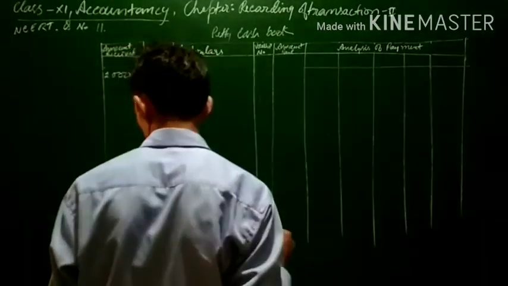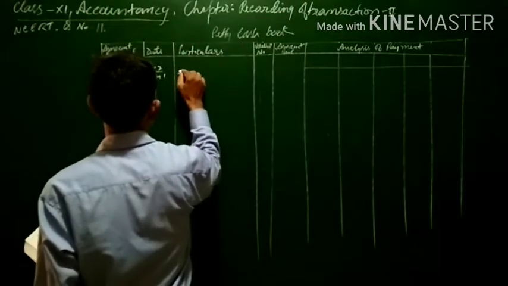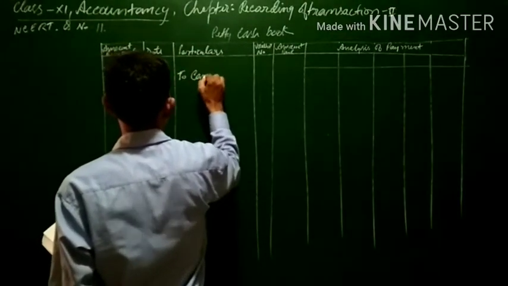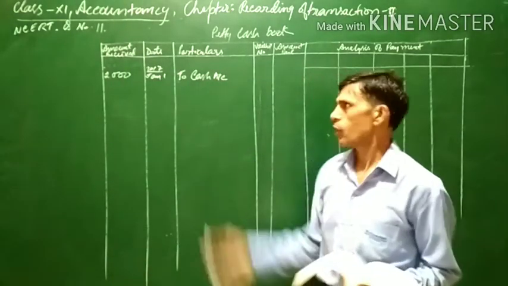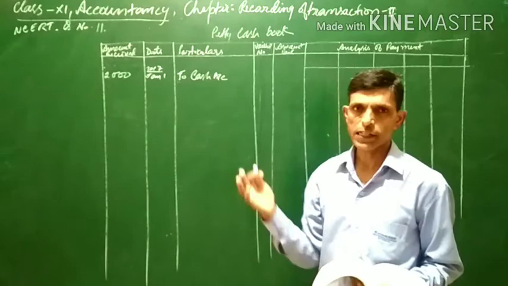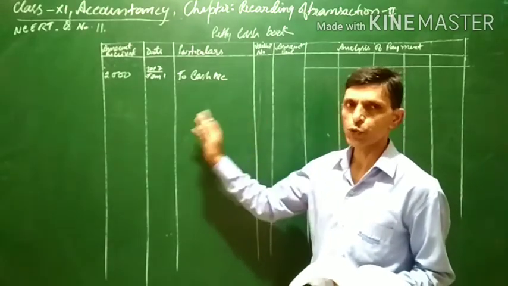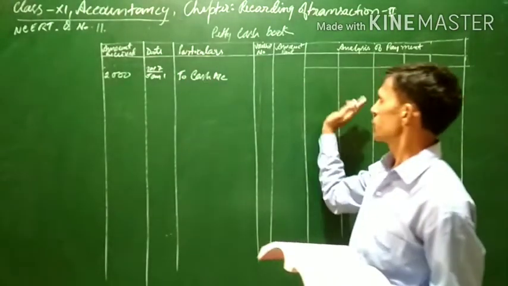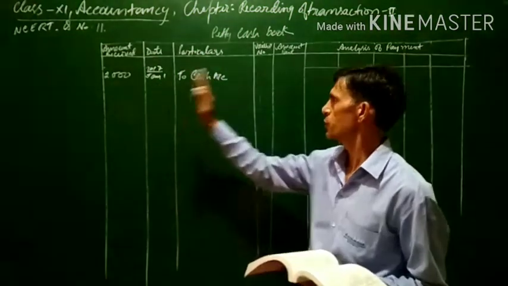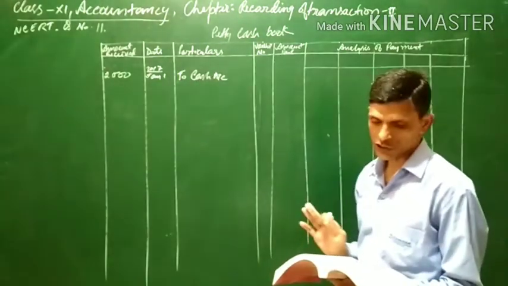Here the amount is being received. Cash account debit. This cash will be received from the head cashier. So the entry will be petty cash account debit to cash account. So petty cash is on the debit side, this is the debit side and this is the credit side. This is for amount received, this is for amount paid. Now, to cash account, 2000 is received.